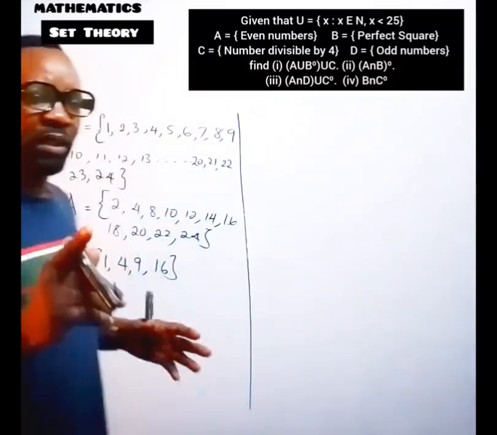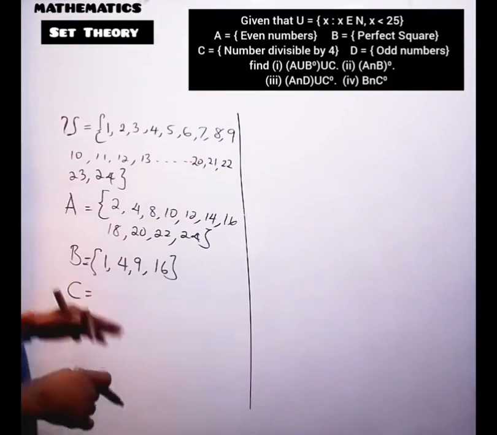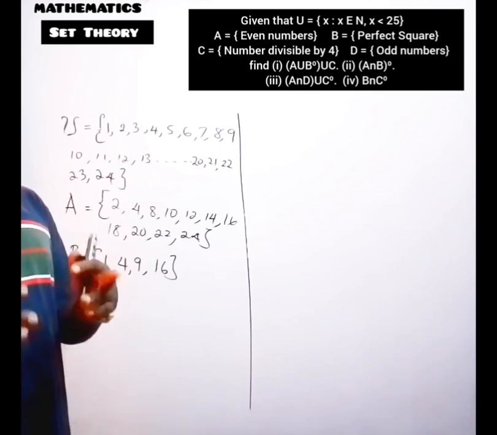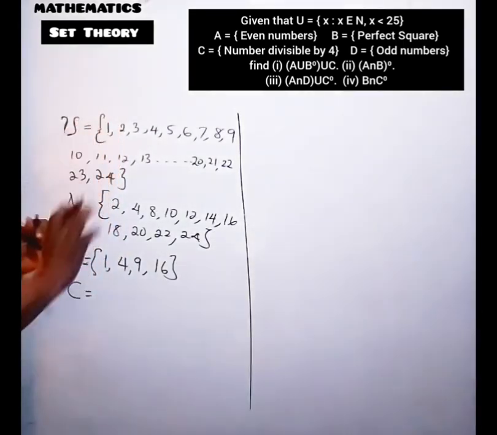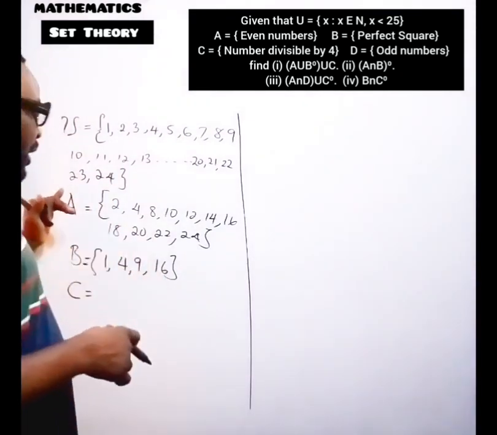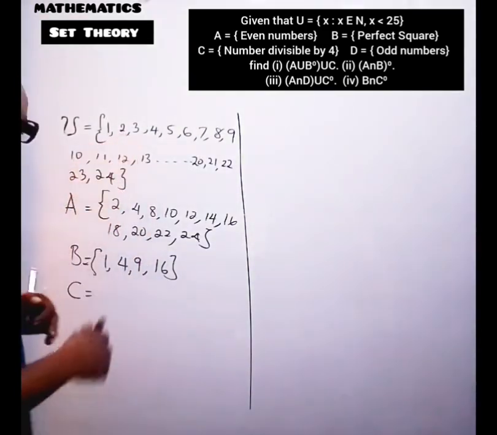Now the C part of this question says that we should find the numbers divisible by 4. Don't forget, I have told you earlier that those values gotten for A, B, C, D must be a subset of the universal set.